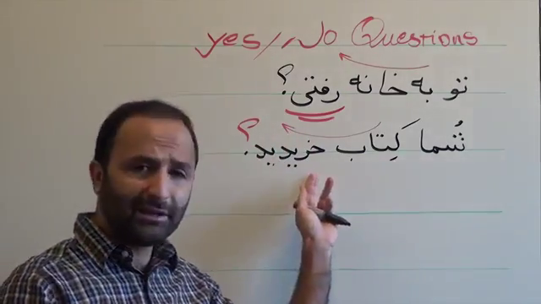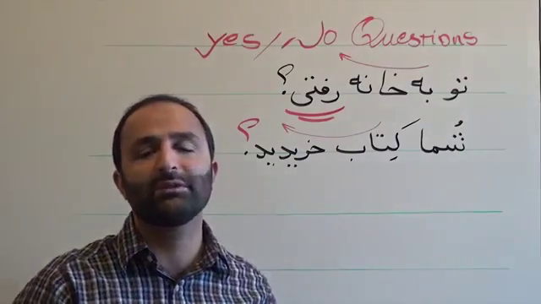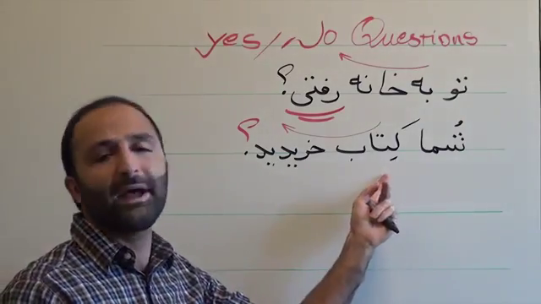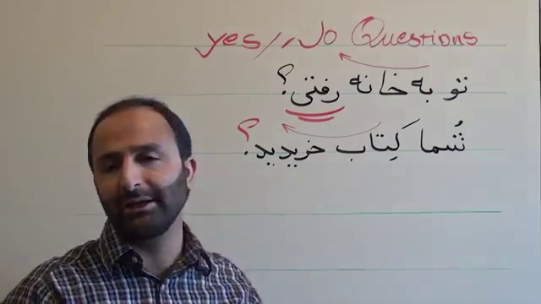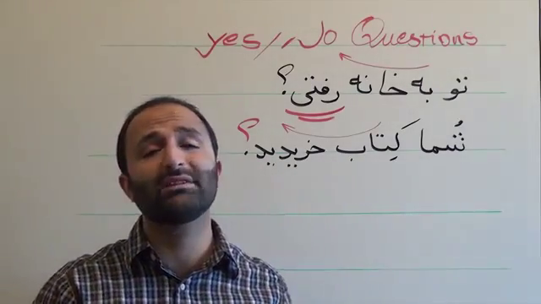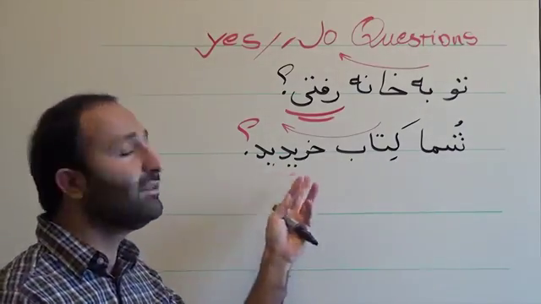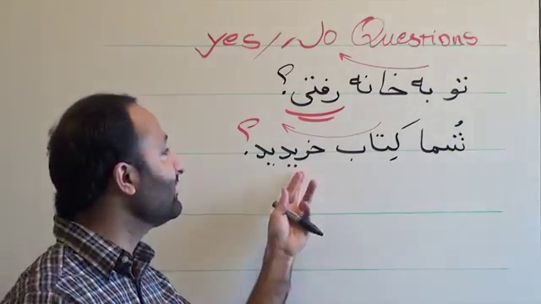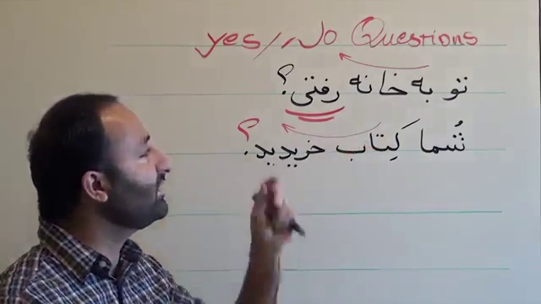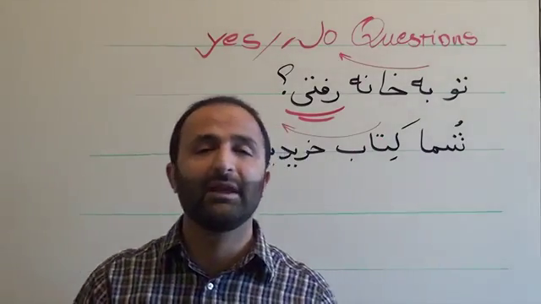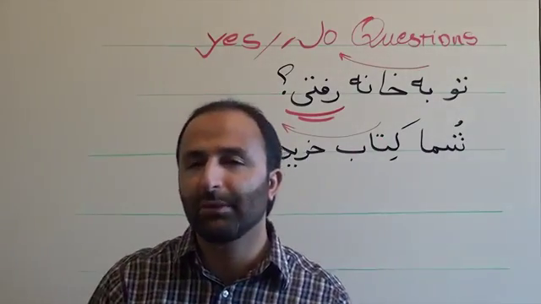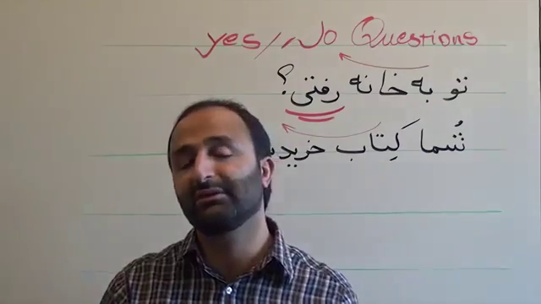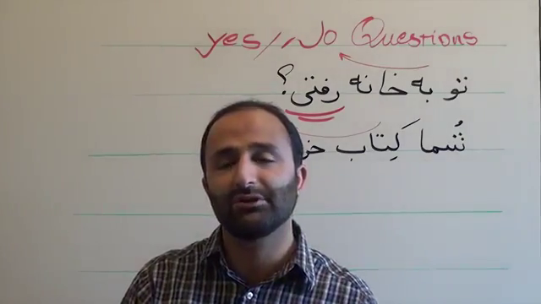While the statement was like this: شما کتاب خریدید. So there is no stress on the end, but in the question form there is stress on the end and the intonation is rising. This is the most common way to form a yes-no question, specifically in spoken Persian.